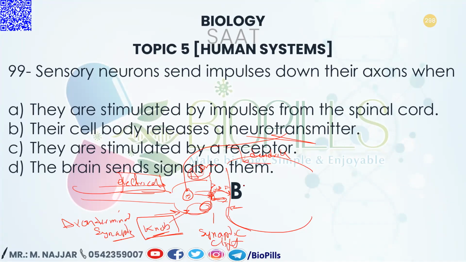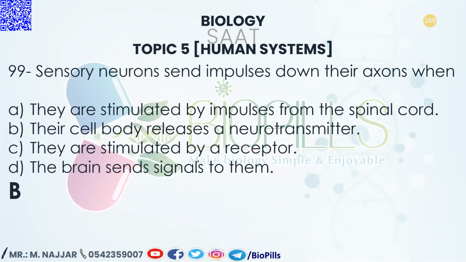This is neuron A, this is neuron B. They will be received by those receptors, then the sodium potassium pump will be opened, and an action potential will occur on the surface of the adjacent neuron. So it will be electrical again. Before the synapse it is electrical, at the synapse it's chemical, after it is electrical. So the nervous system uses an electrochemical signal. You got it now, dear?